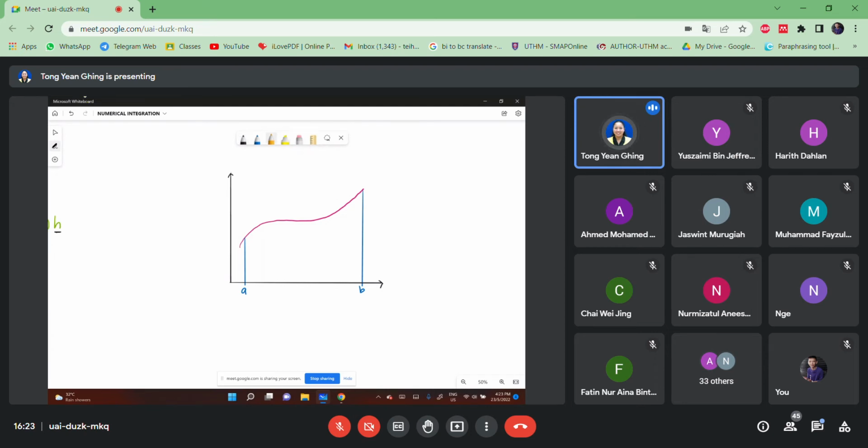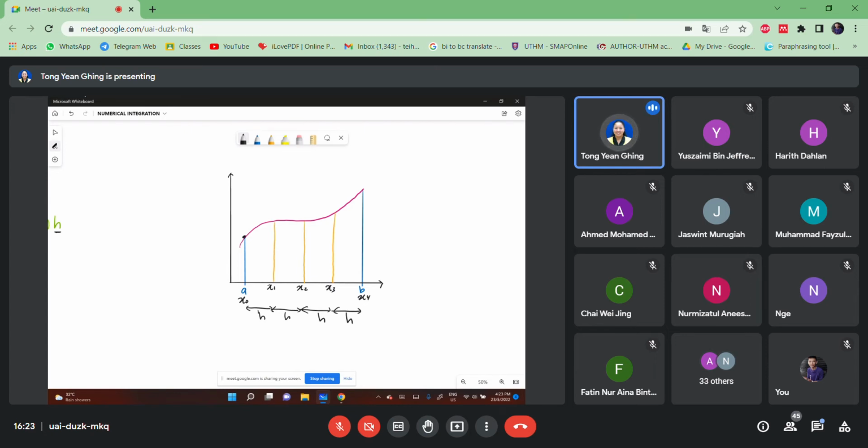Here is X0, here is X1, X2, X3, and X4. All the H are the same, so the step size is the same.